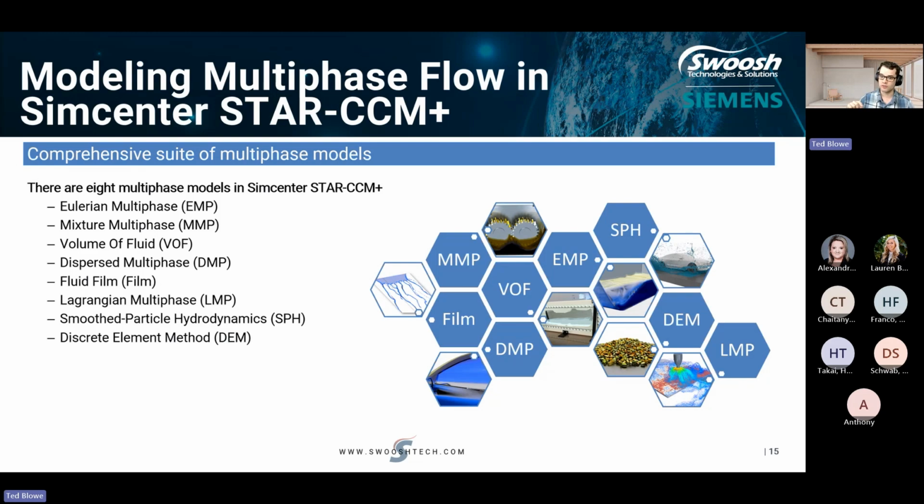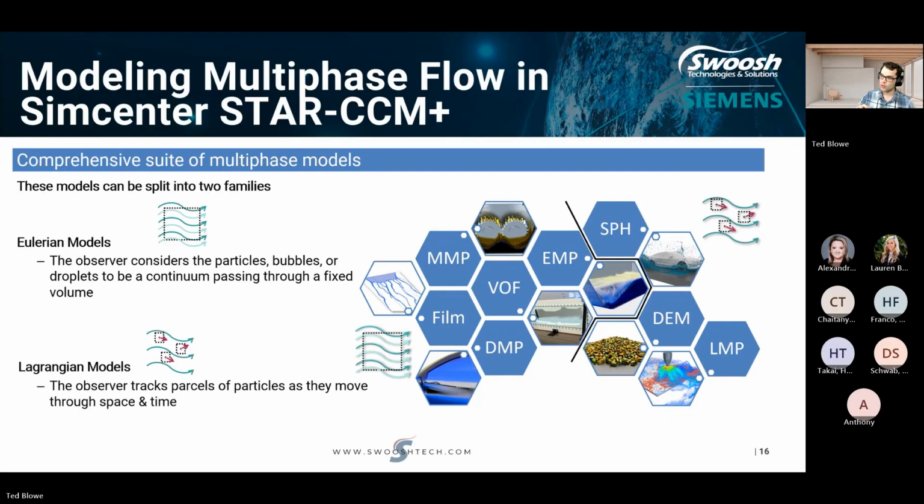And within STAR-CCM+, there are 8 different multi-phase models, and each is suited for a different flow regime. These models can be combined on top of one another to cover a wider range of multi-phase applications. So these 8 multi-phase models are separated into 2 different families.